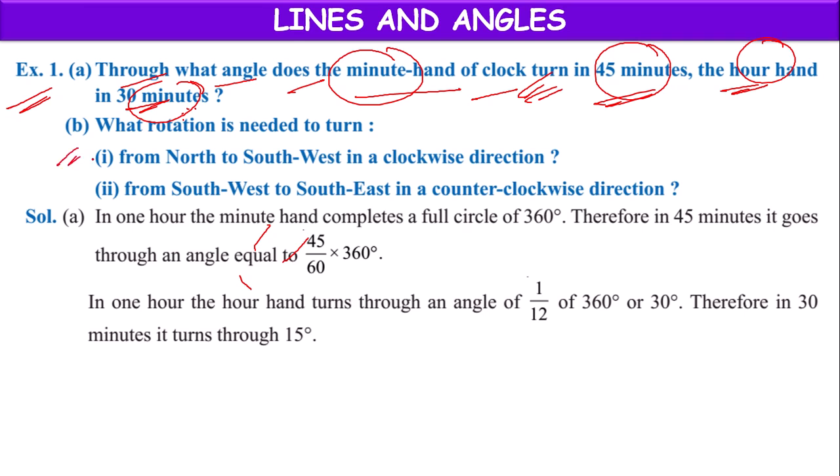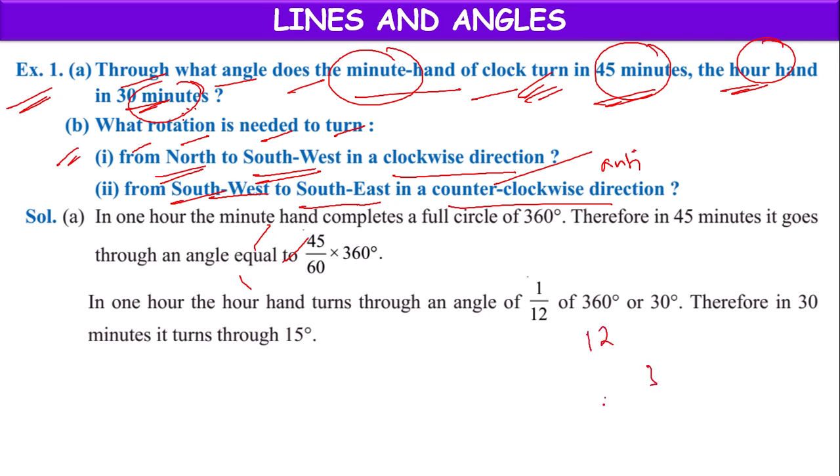And in question B, what rotation is needed to turn from north to southwest in the clockwise direction, and from southwest to southeast in the counterclockwise direction? Counterclockwise means anti-clockwise.